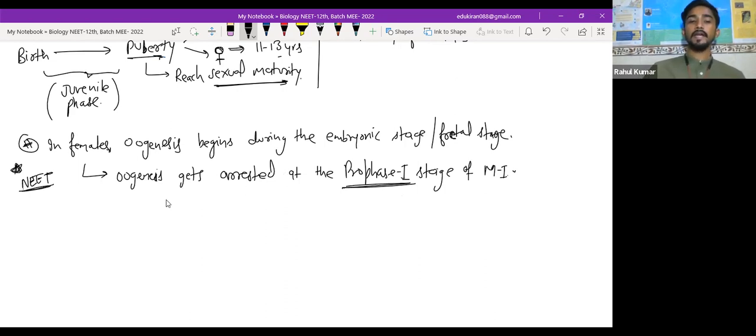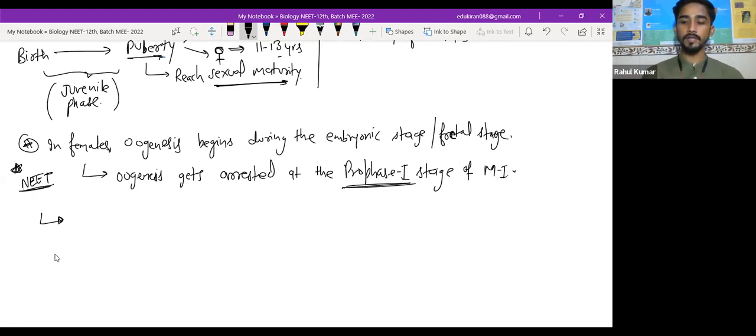So at the time of birth, all these oocytes are arrested in the prophase 1. From birth to puberty, they do nothing. So what happens at puberty? Puberty is also significant for females, no? It's not that they have already done their oogenesis in the embryonic stage, so puberty is of no significance to females. Puberty also holds significance for females.